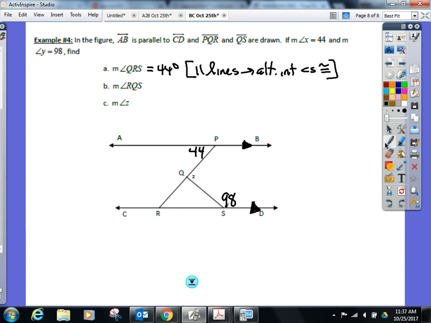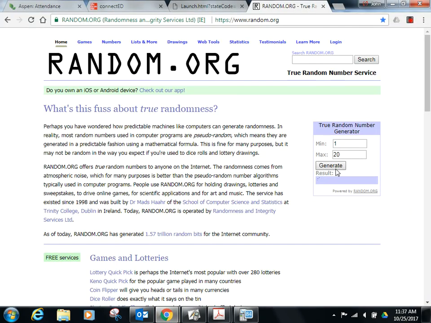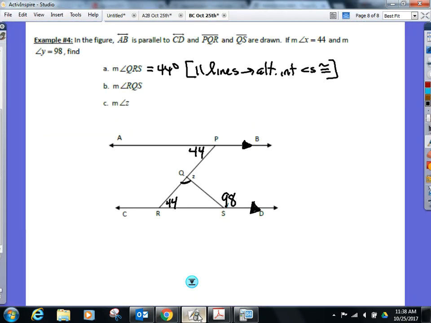RQS, everyone identify RQS for me. Everyone see that angle right here now. I think you have enough info to find it. Everyone see what Emily's using? The exterior angle theorem. 98 is an exterior angle for this triangle.